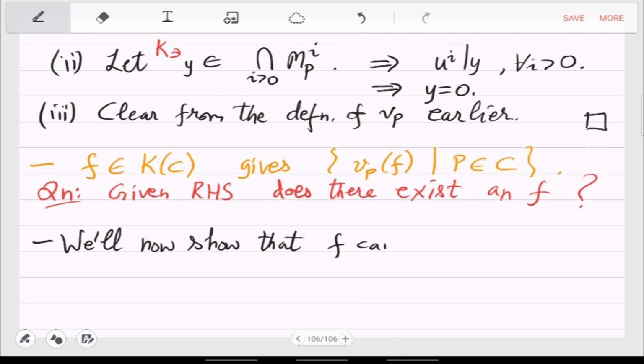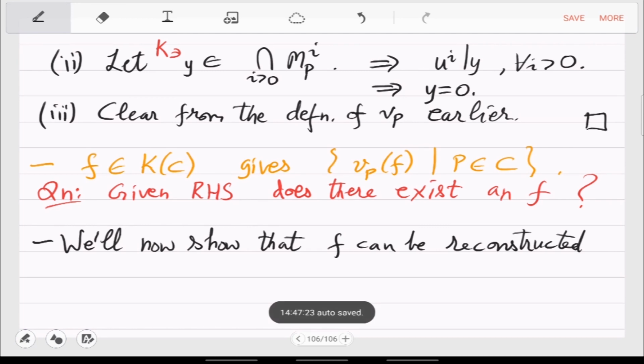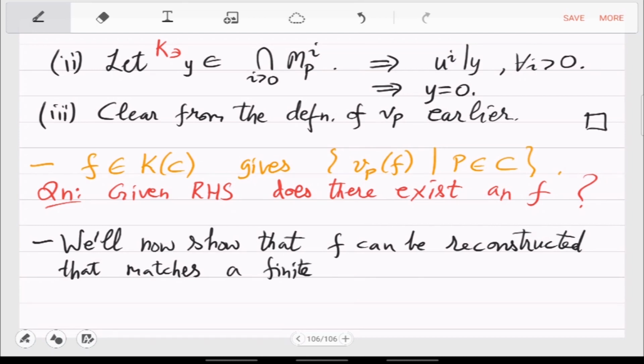So we will now show that f can be reconstructed, that matches a finite part of the right hand side, but not all.